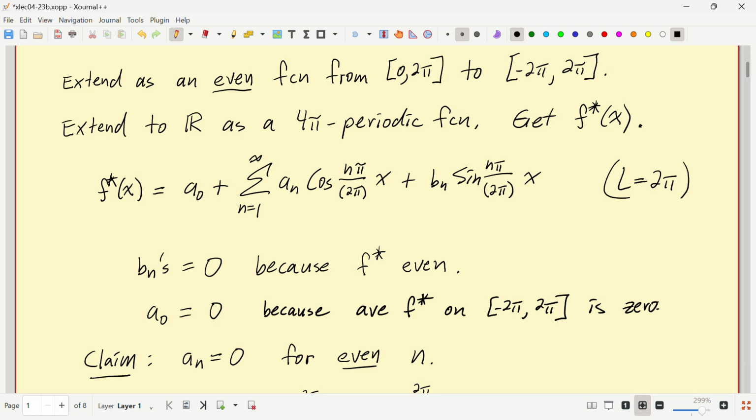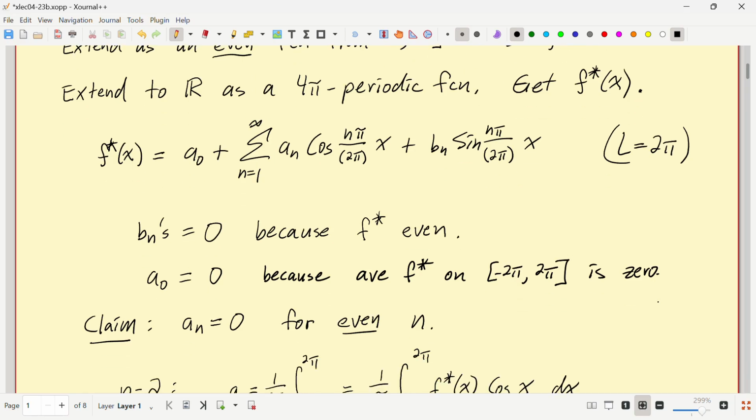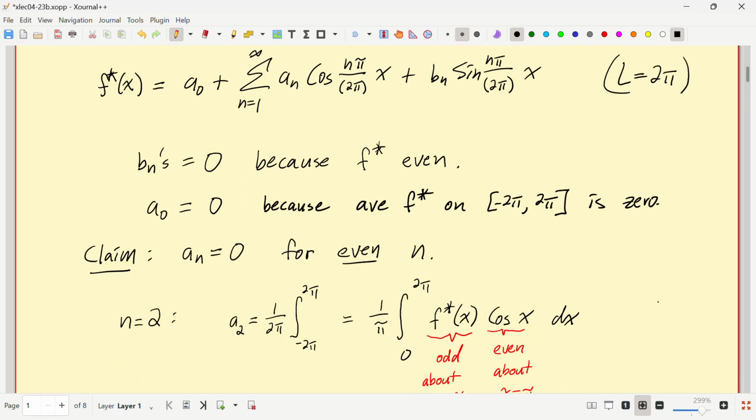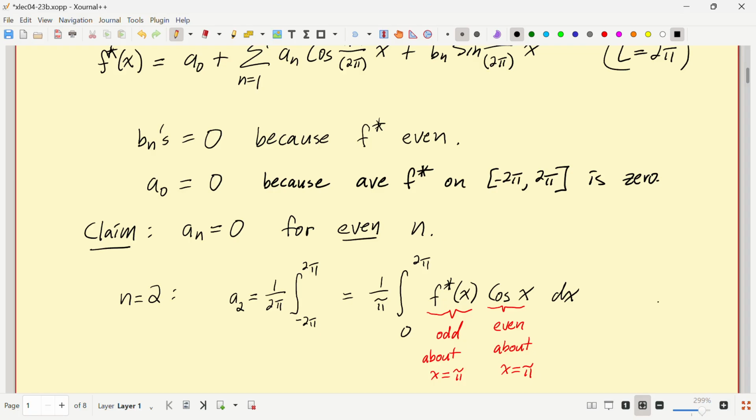And now I claim that the an terms, the cosine terms, are 0 for even n. And that's not hard to see because let's do n equals 2. So a2, the formula for the coefficients from minus 2 pi to plus 2 pi is 1 over L, L is 2 pi, times the integral from minus 2 pi to 2 pi of something.